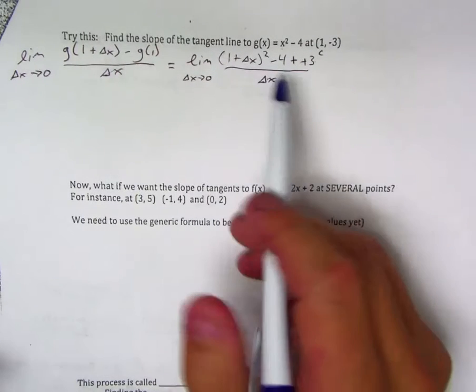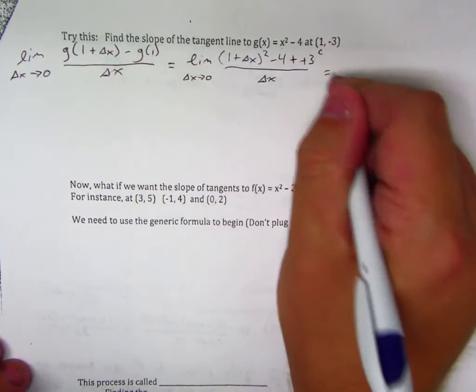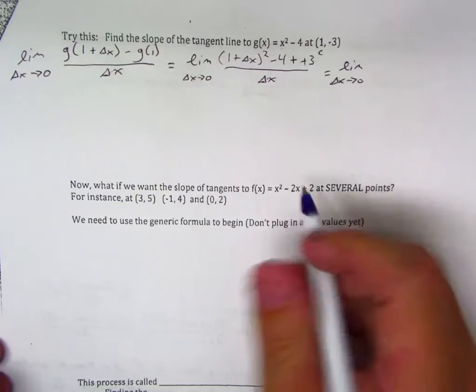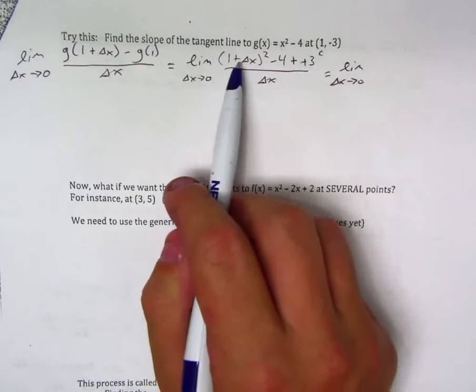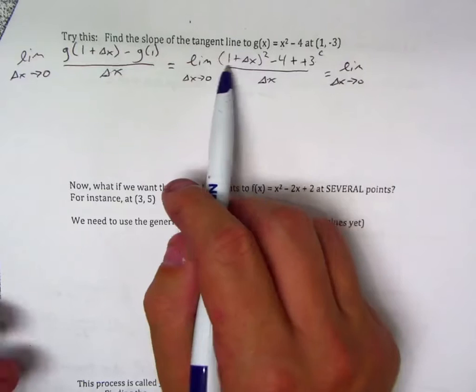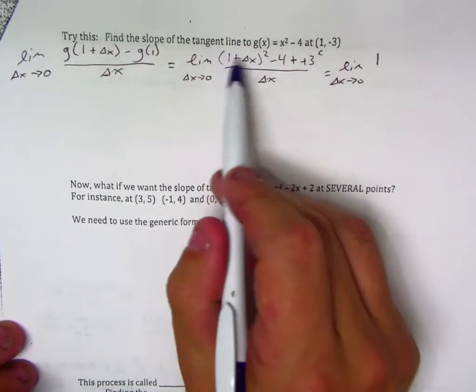We have to do our manipulation, use our algebra. We have to square this binomial. So we have the limit as delta x approaches 0. Let's square the binomial. You have two options. You can either put it twice and FOIL it out, or use a little shortcut. I use it every time. You square the first term, you take the product and double it.